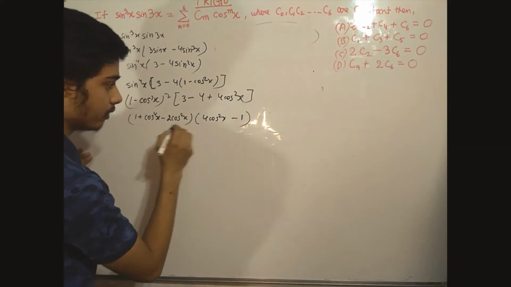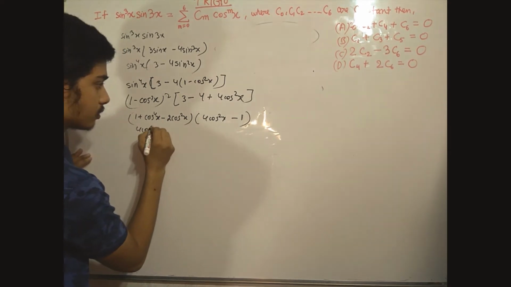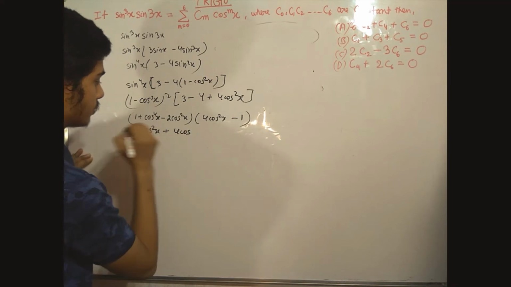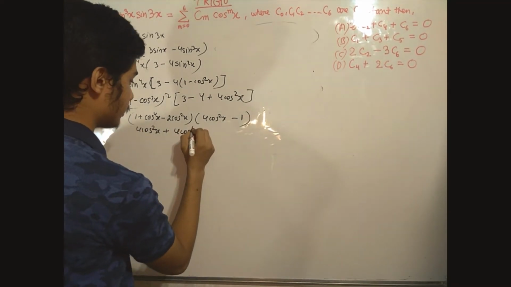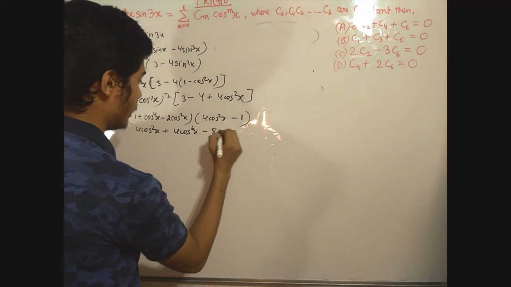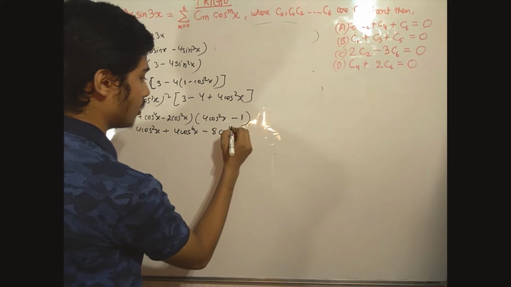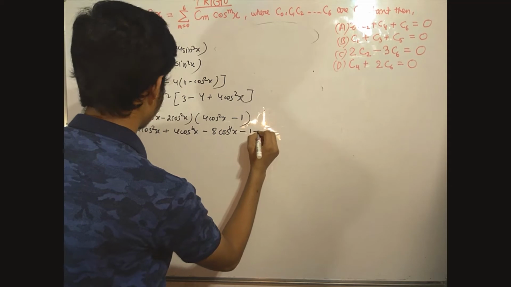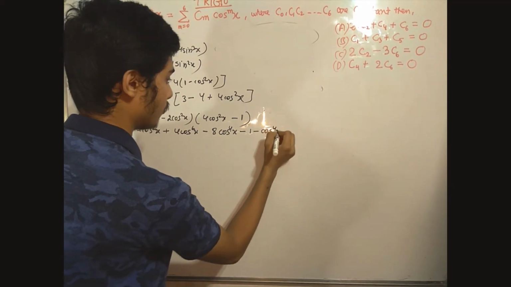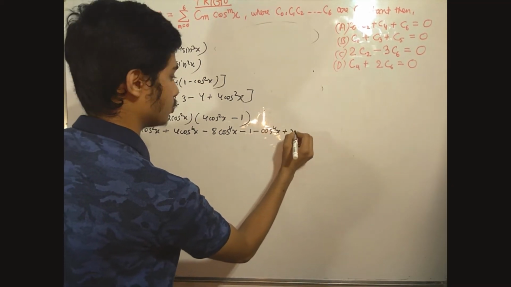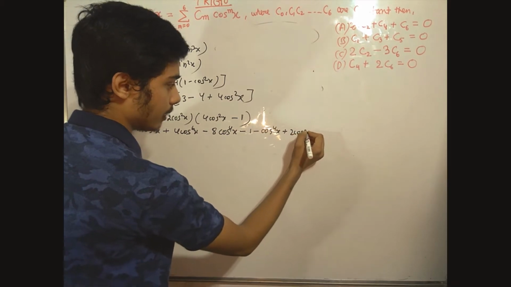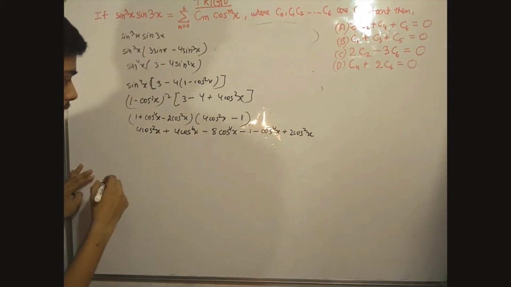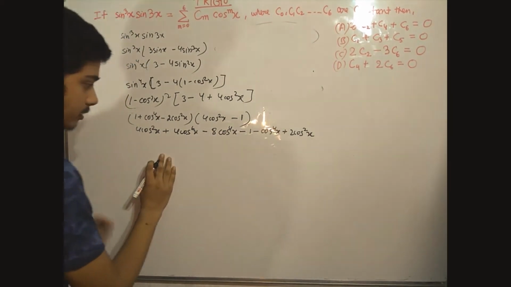After multiplying, we'll get 4 cos square x plus 4 cos to the power 6x minus 8 cos to the power 4x and minus 1 minus cos to the power 4x plus 2 multiplied by cos to the power 2x.